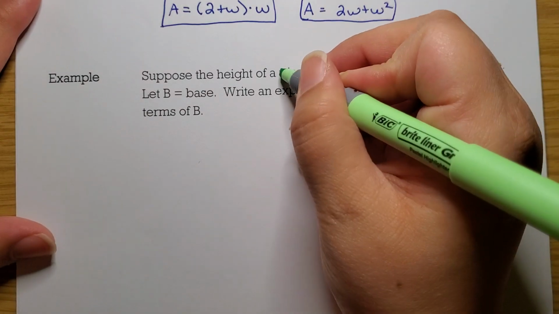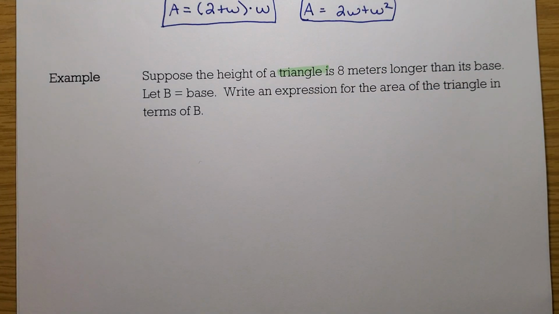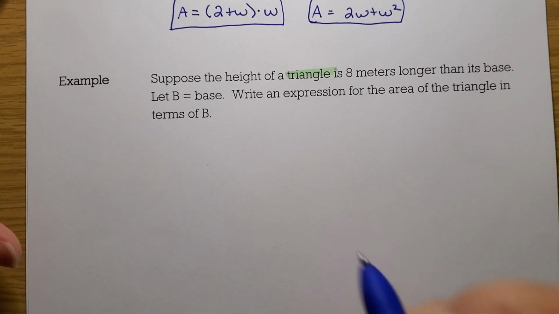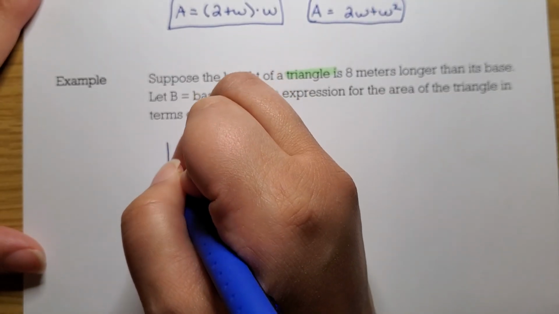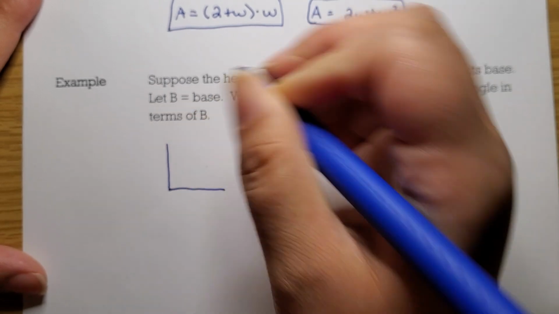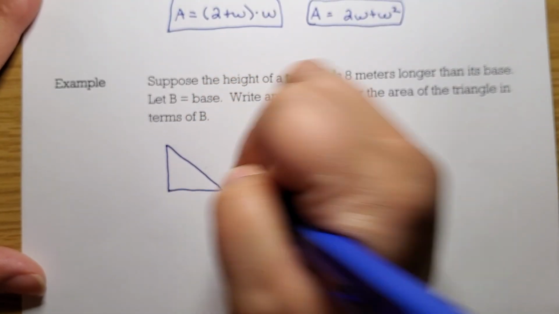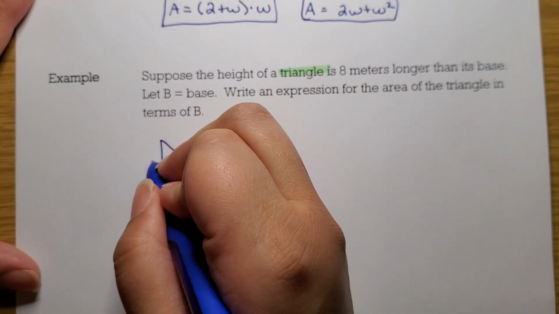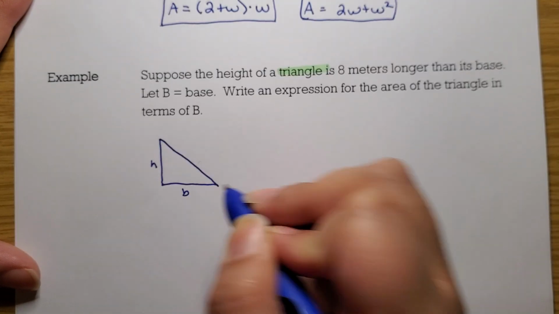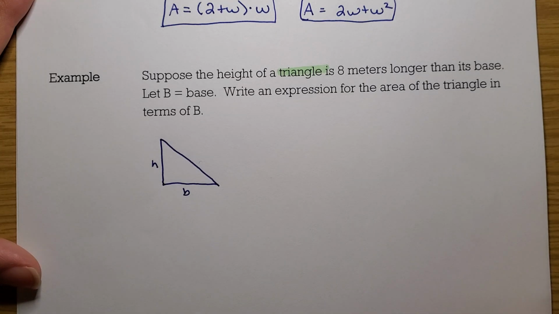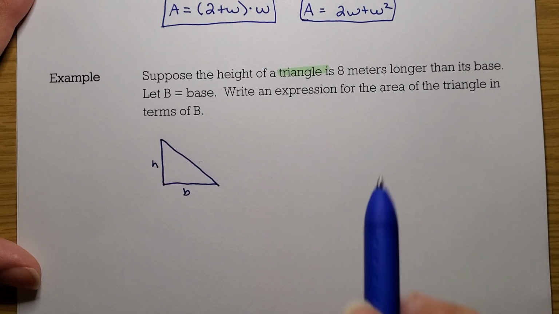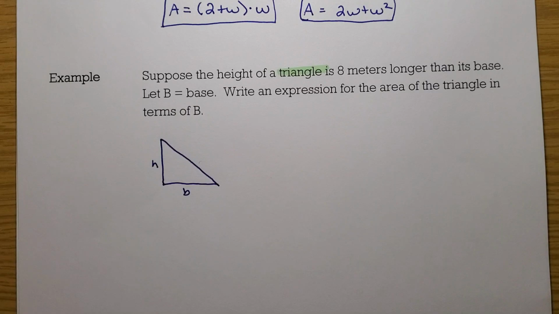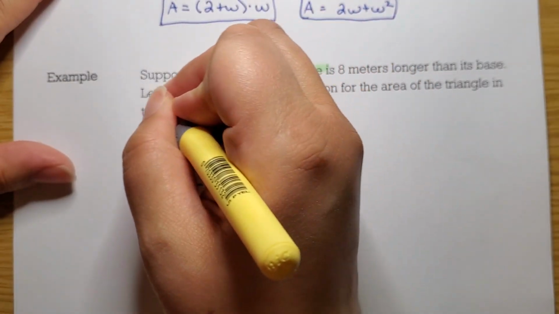Okay, triangle. So let me draw out a triangle. For my triangle, I'm going to make this one have an easy height and base to identify by making them sides, okay? So this is my height, and this is my base. B is the base.